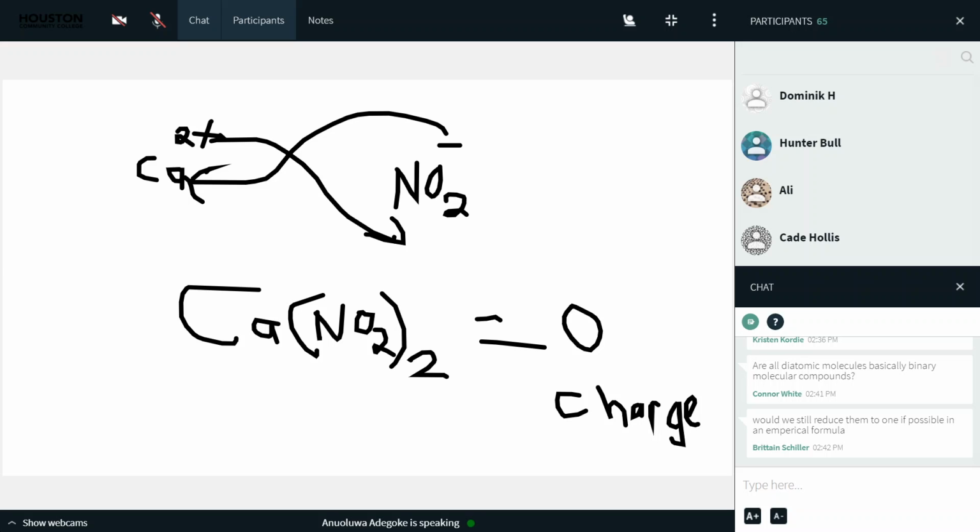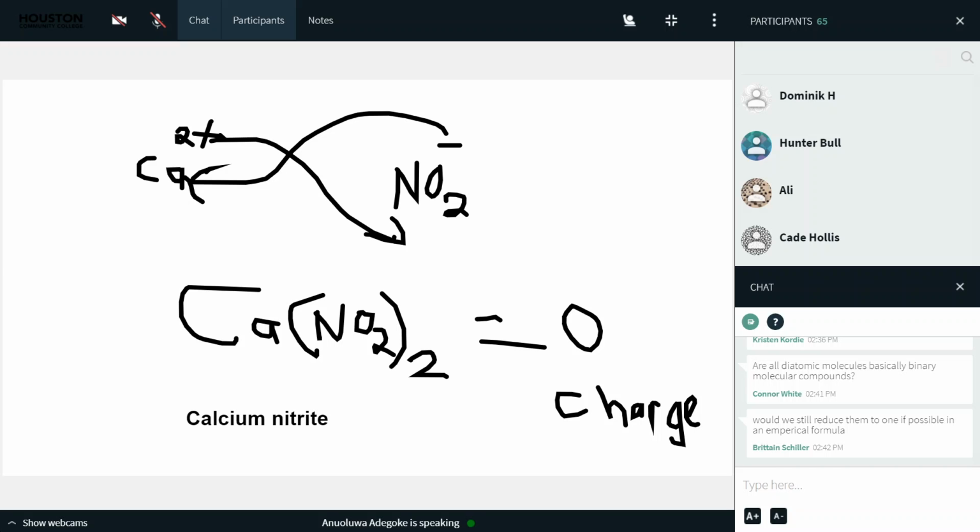What do we need to multiply 1 with to make 2? 1. What do we need to multiply 1 with to make 2? 2. So that's why we brought the 2. Basically, the 1 goes here and the 2 comes here. So this compound is called calcium nitrite.